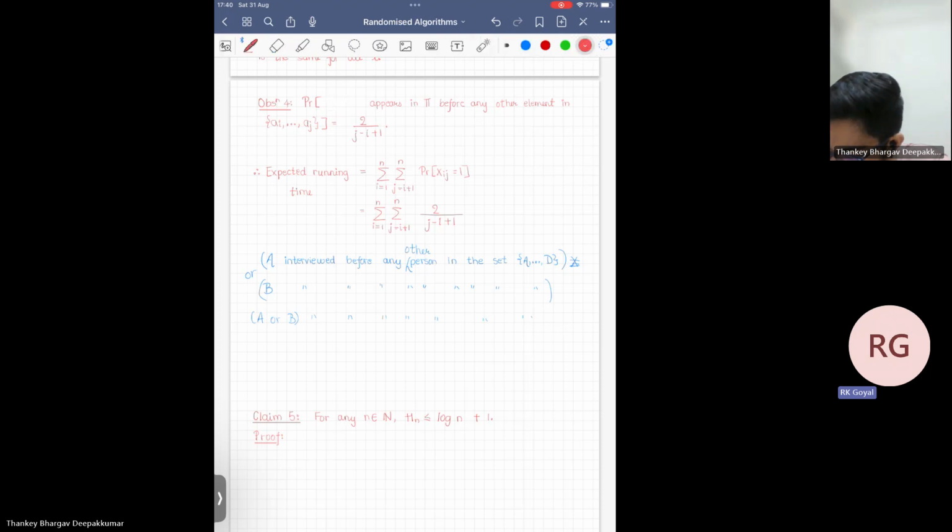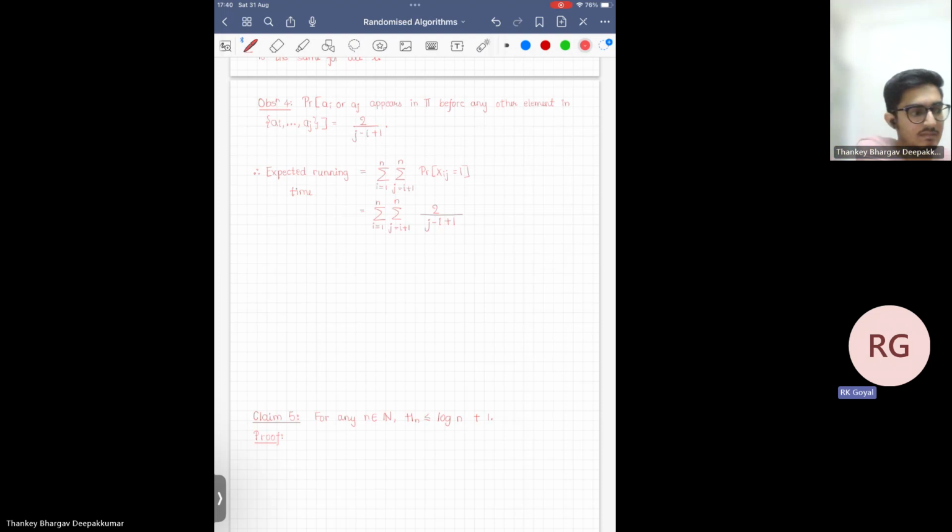Now either AI or AJ are the distinct elements, and for all other elements this probability is the same. So we are not uniformly picking the elements AI or AJ. Things are fixed: either AI will appear first and then the remaining elements can appear in any order, or AJ is fixed and then the remaining elements can appear in any order.